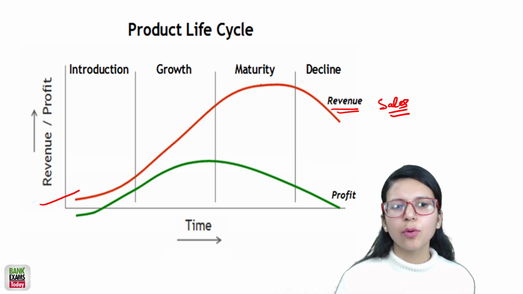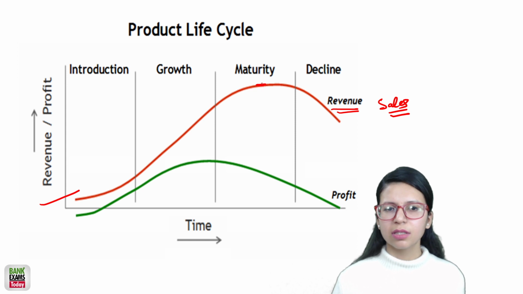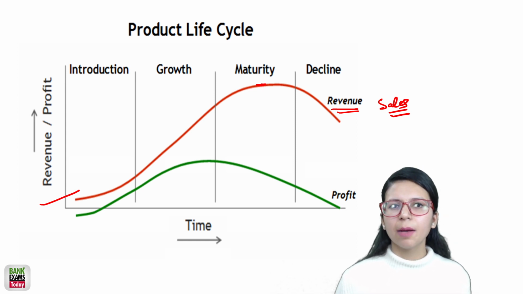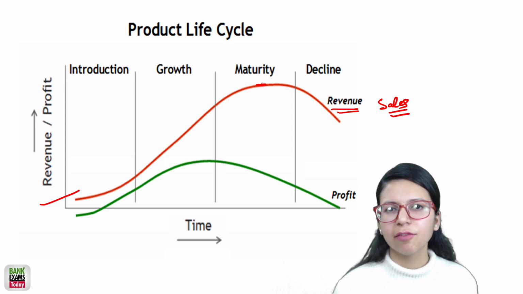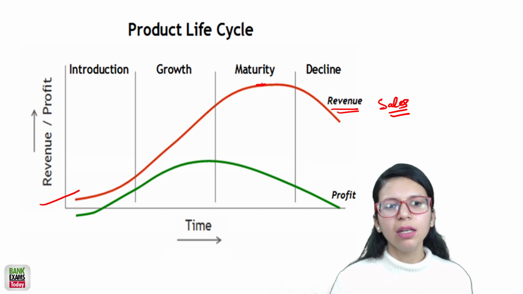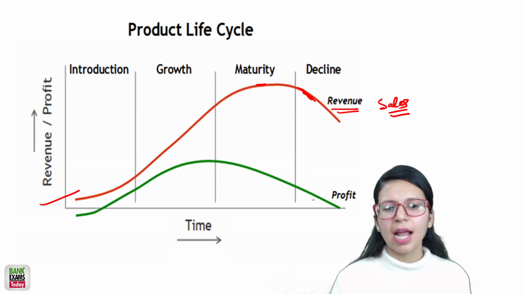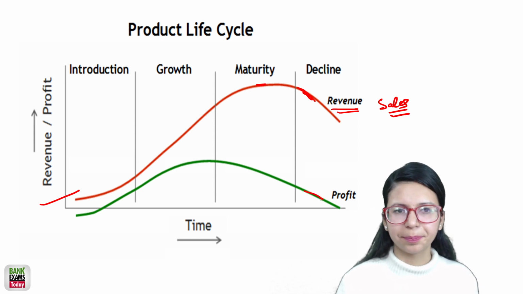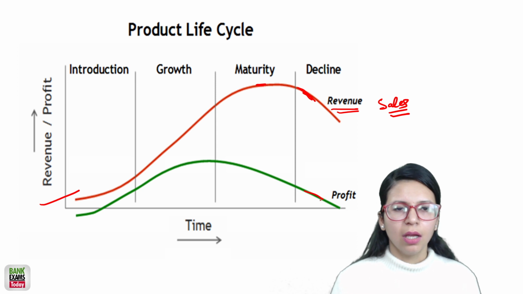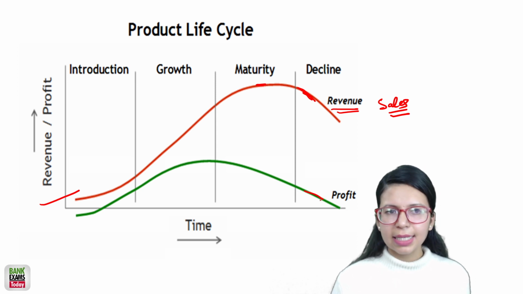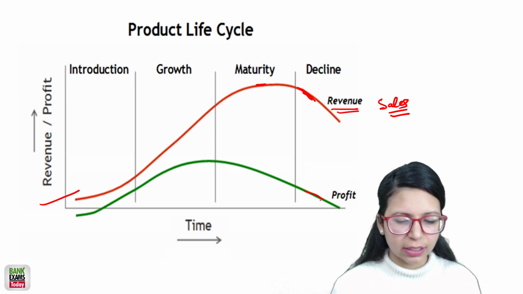At some point competitors began coming and gave competition to the product, and then the product revenue declined, and also the profits declined with time. Now one by one in detail, I will also give you examples for this.